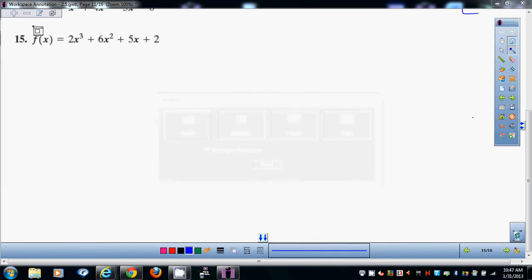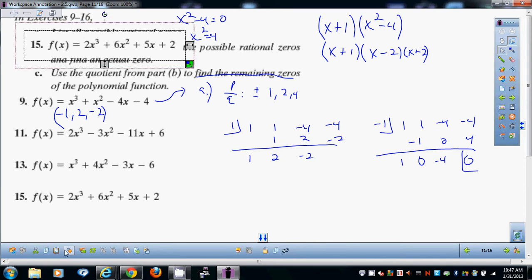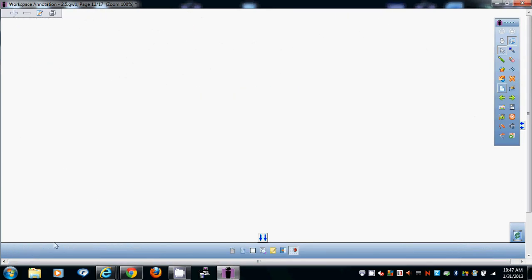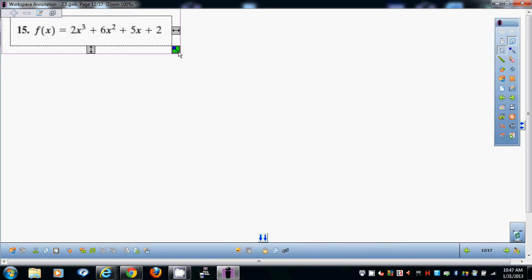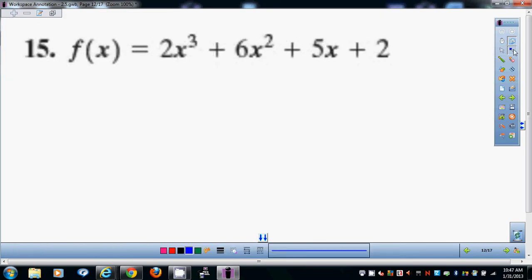Hold on. Just don't forget what you were asked to do. P's over Q's. Find out which one's a root, and then find all the roots. Yeah, I will come around and answer that question.